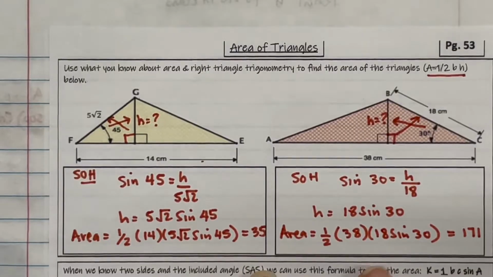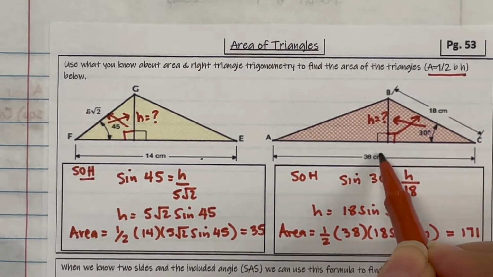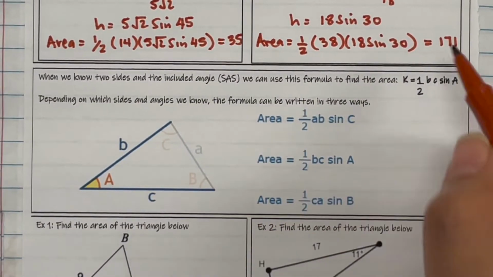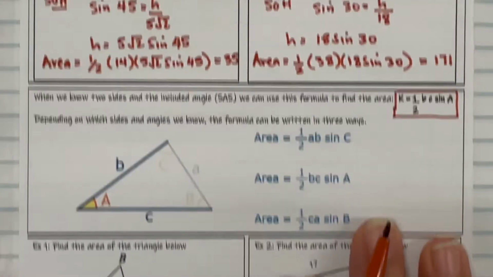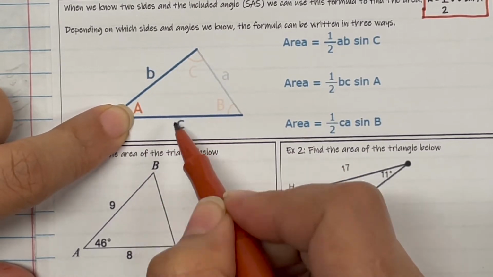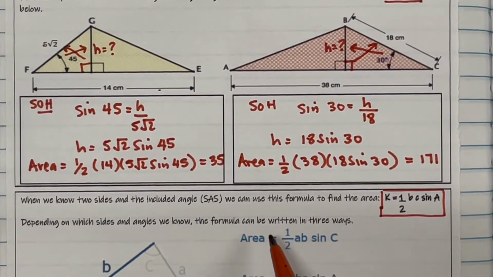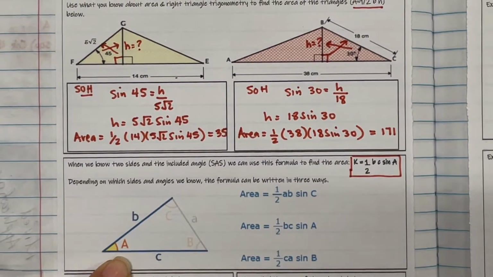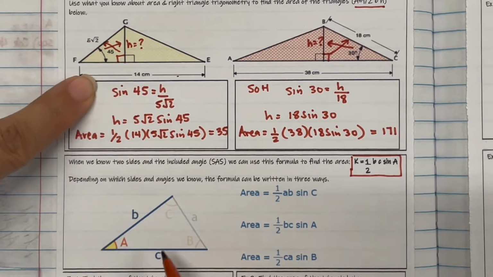If you have this triangle special case where you have side, angle, then side, right? If your angle is sandwiched between two sides that you know, you can use this formula. So we're going to kind of join what we just did with what we already have. So it looks exactly like this. If we're given the sandwiched angle and we know the B and C, we can write it. So my sandwiched angle in this case is 45, and B and C is 14 and 5 radical 2.